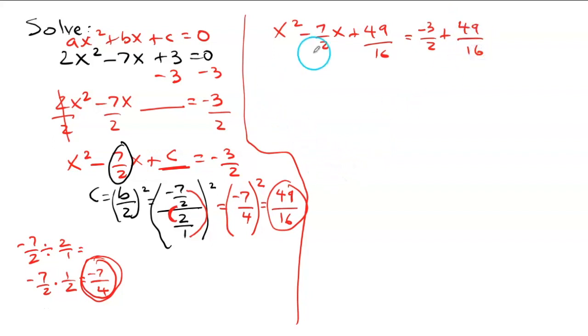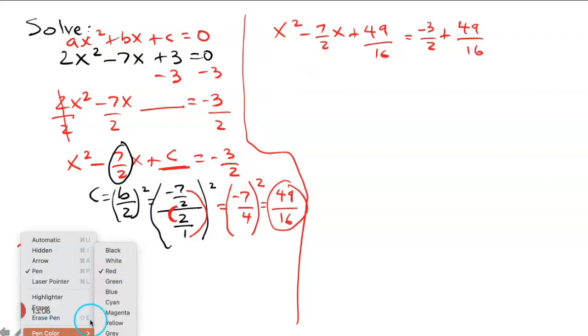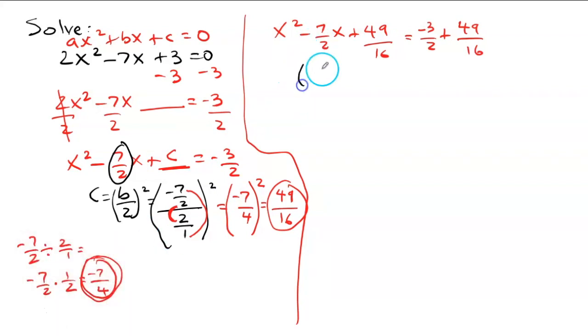All right, cool. Now we got to factor this trinomial. Remember, x, and it's going to be this divided by 2. It's going to be negative 7 over 2 divided by 2, which is negative 7 over 4. So you get your answer from here all the time. That to the second power, and that's how you factor this trinomial.